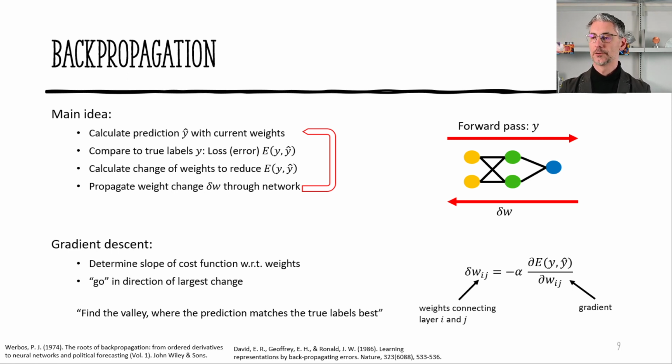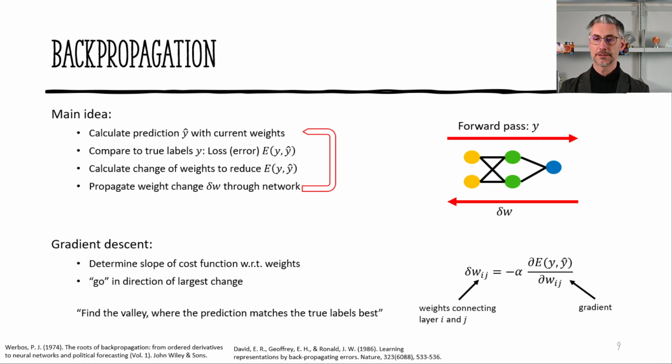And this is illustrated also on the right in the so-called forward pass. We use the network as is to get the prediction y hat, and in the backward pass we need to calculate and update the weight changes. Most commonly this is done with gradient descent. Here we determine the slope of our cost function with respect to the weights. So really what we want to do is we have our cost function that determines how well our prediction is relative to the true value we want to predict.